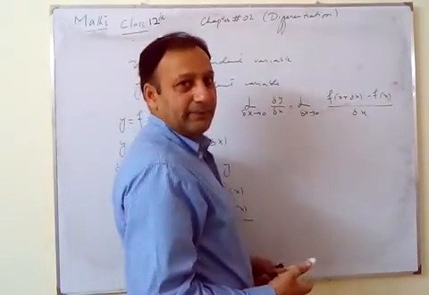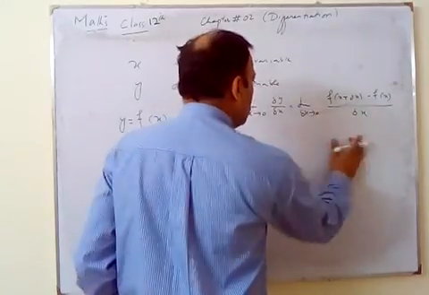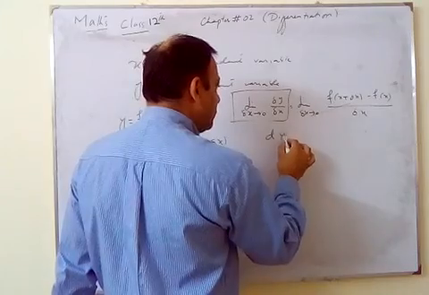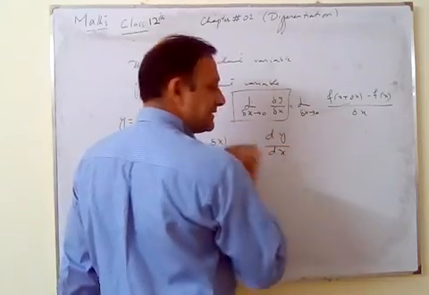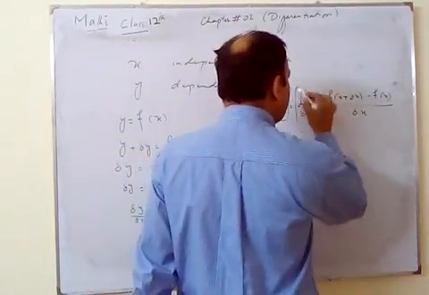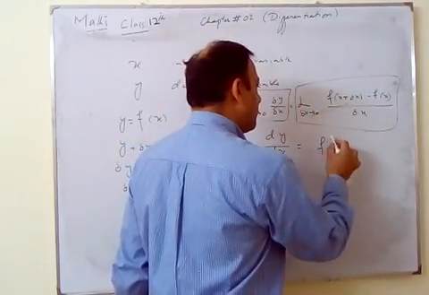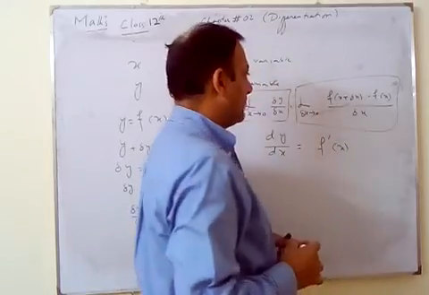When we apply this limit, this complete term becomes dy over dx, and this limit means f prime of x.